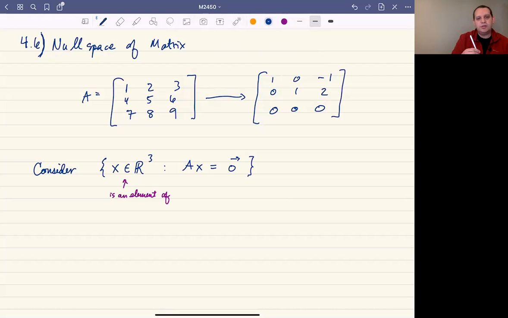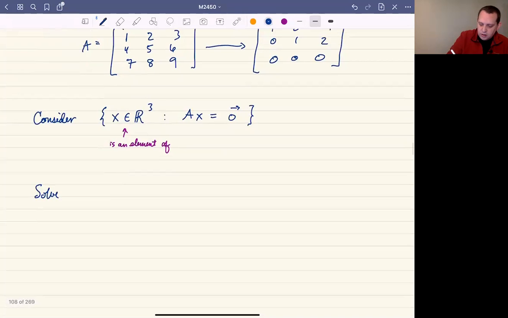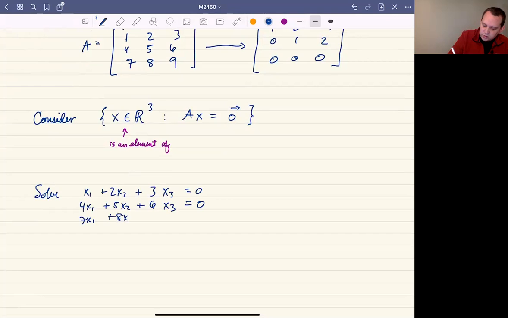In other words, I want to solve the system. This is equivalent to solving 1x1 plus 2x2 plus 3x3 equals 0, and 4x1 plus 5x2 plus 6x3 equals 0, and 7x1 plus 8x2 plus 9x3 equals 0, right?